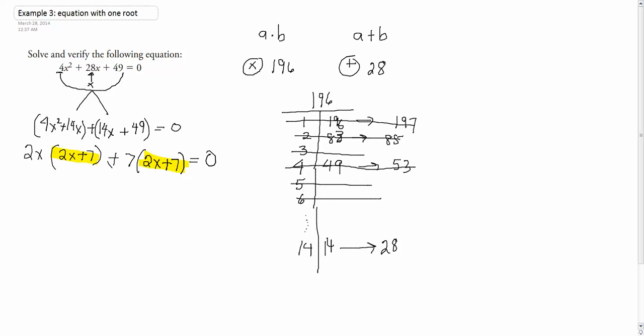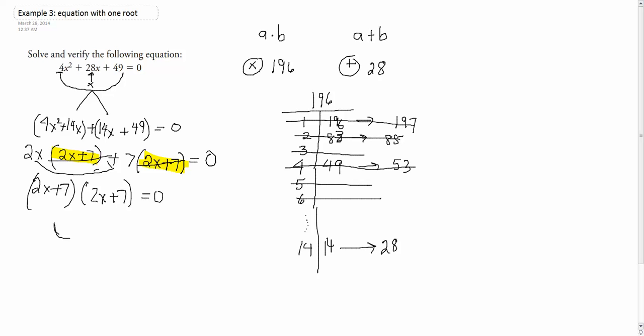So we can factor the binomial 2x plus 7 out, and when we do that, we're left with 2x plus 7 because we factored the 2x plus 7 out. So here we have 2x plus 7 times 2x plus 7 equaling 0.